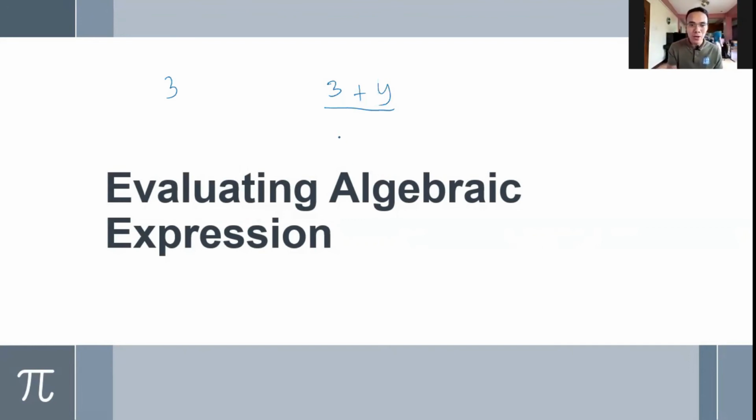For example, if y is 2, then we will replace y here with 2, so we get 3 plus, what's the value of y again? It's 2, and 3 plus 2 is 5. This is the value of the given expression when y is 2. And the process of doing this is called evaluation.